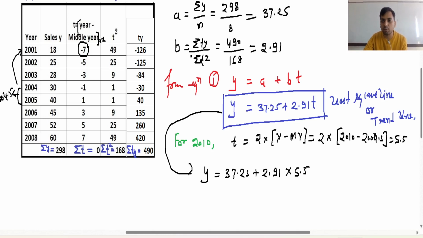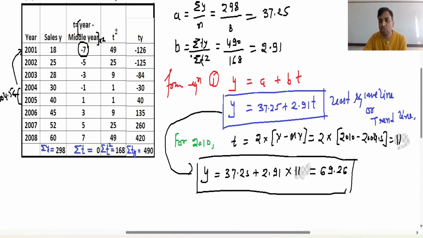Sorry, this is not 5.5, this is 11, because we will multiply with 2 also. So t is 11, and on multiplication, y equals 37.25 plus 2.91 multiplied by 11, you will see this quantity as 69.26. So this is the sales in 2010.